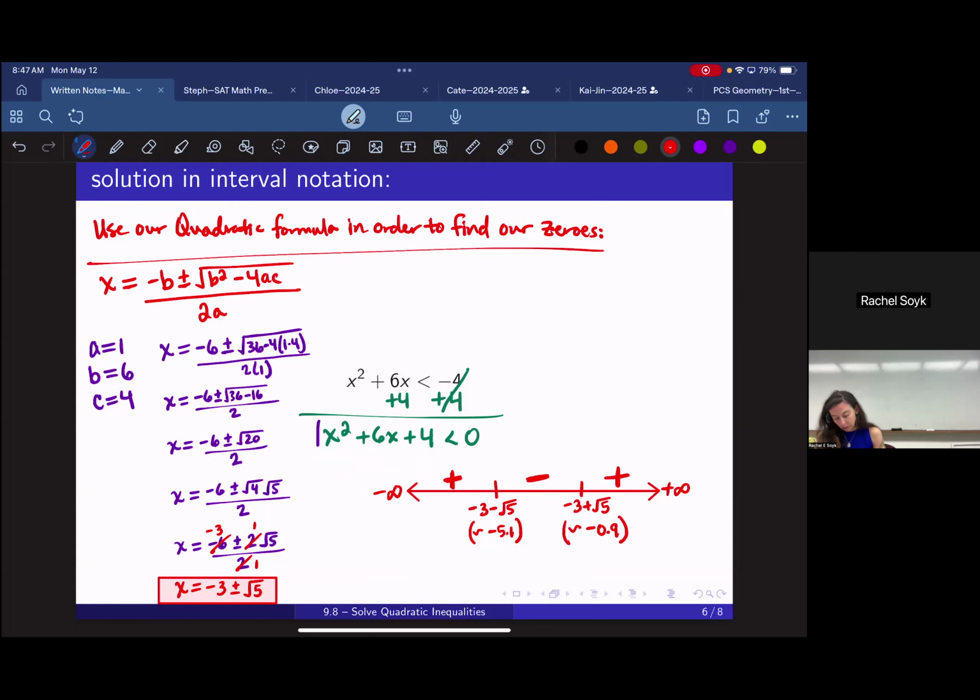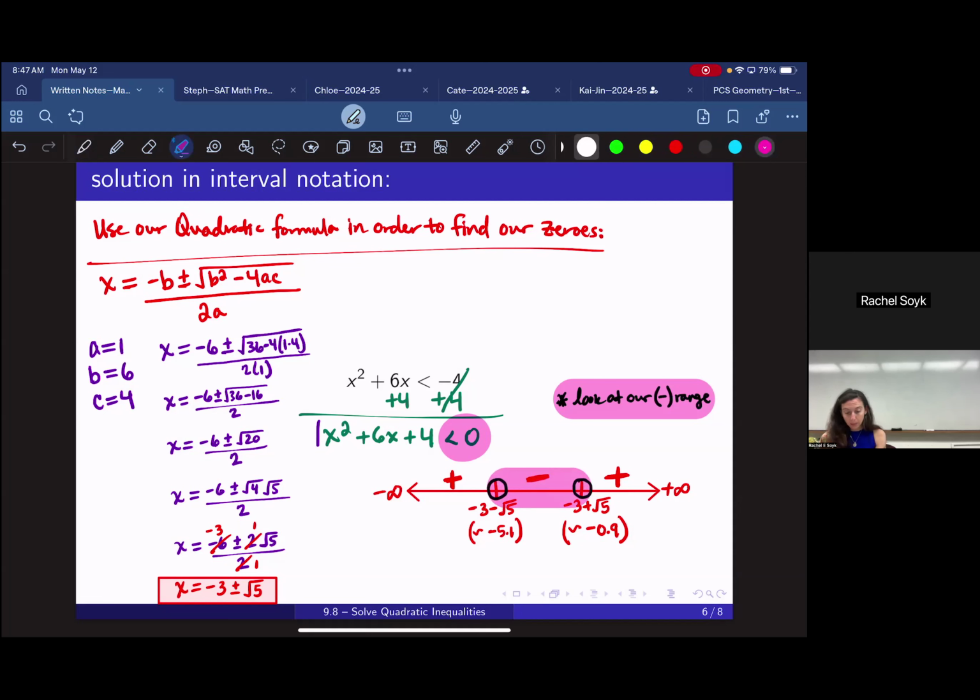And because the inequality is saying all values that are less than or equal to 0, we're going to have open circles at our critical numbers because we're not including those boundary points, since there's no line underneath. And we want to look at our negative range, which is right over here.